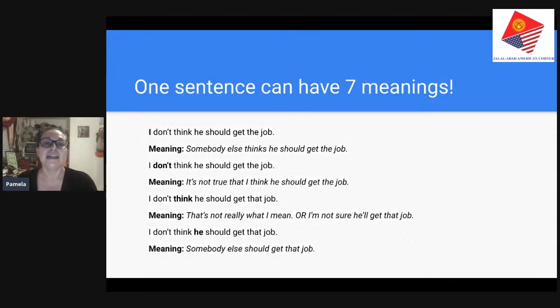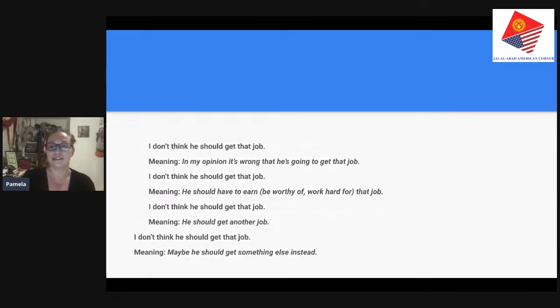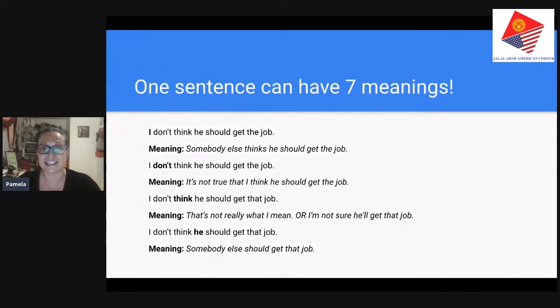So here's an example of one sentence with 7 meanings. So we'll go through this here. If I stress the first word in this sentence, I don't think he should get the job. That means somebody else thinks he should get the job, not me.